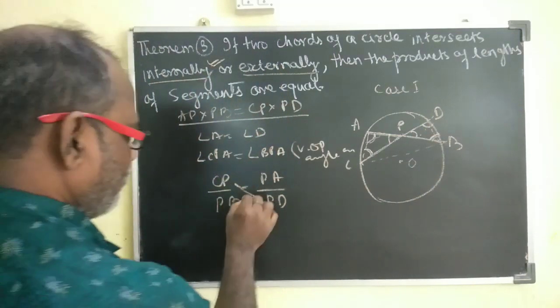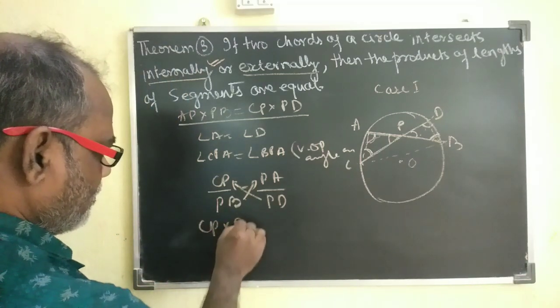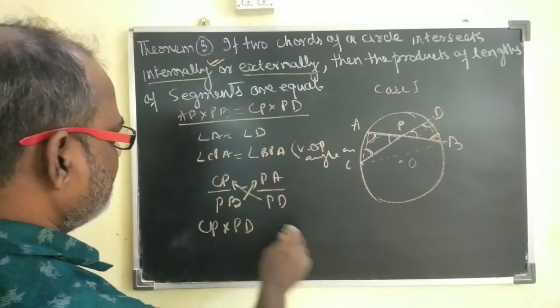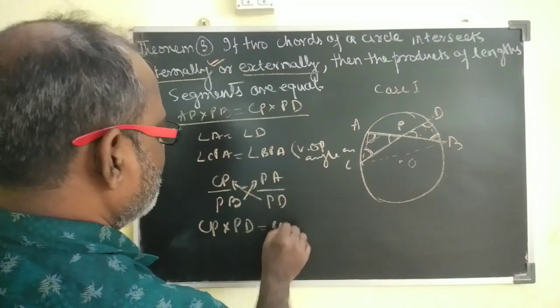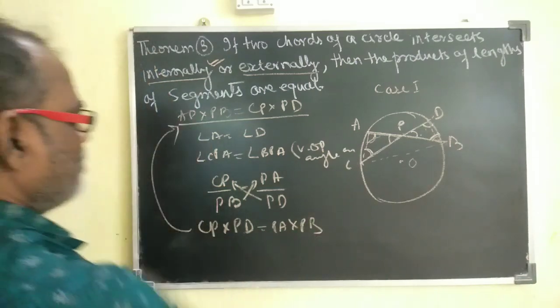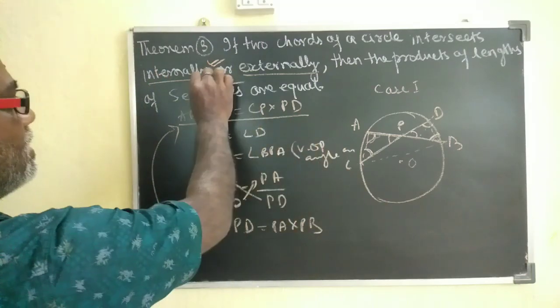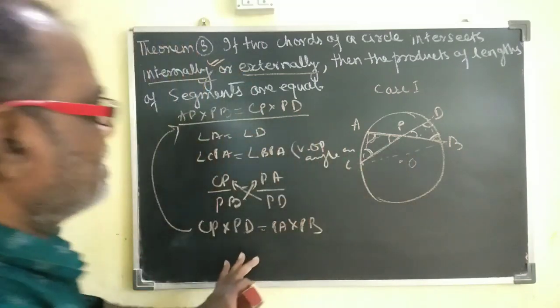Now with cross multiplication, we get CP into PD equals PA into PB, which is to be proved. In this way, when the chords intersect internally, it gets proved.